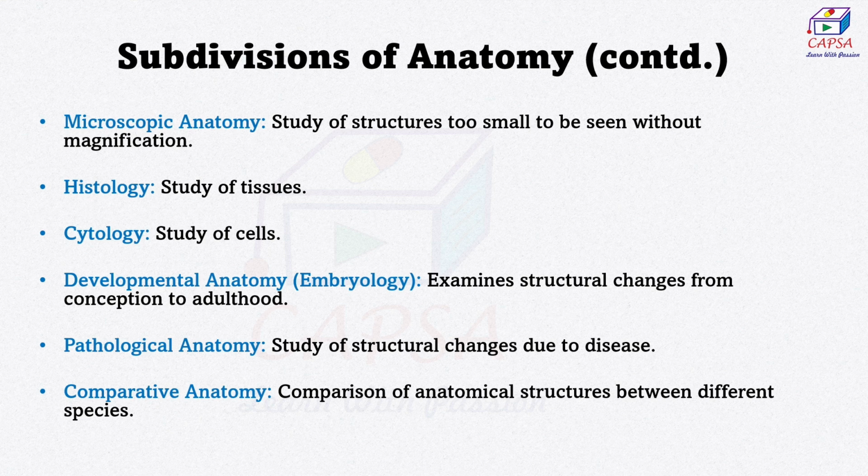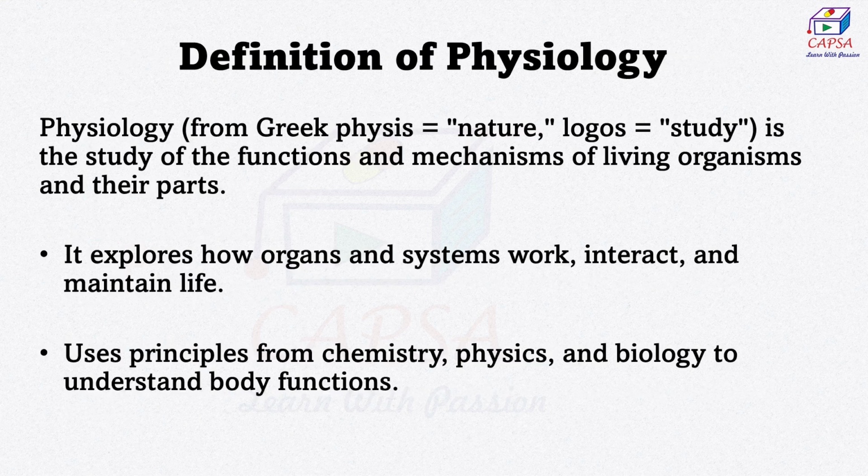Developmental anatomy or embryology tracks the structural changes that occur from conception all the way through adulthood. Pathological anatomy is dedicated to understanding structural changes brought about by disease. Finally, comparative anatomy involves comparing anatomical structures across different species.